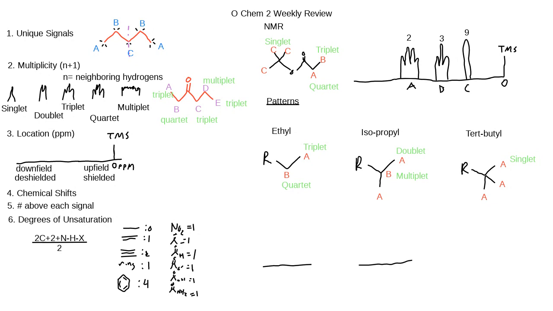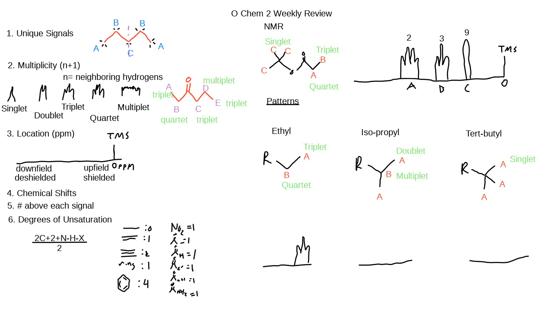So there's our 3 lines. So for A, there is a triplet, and for B, there's a quartet.